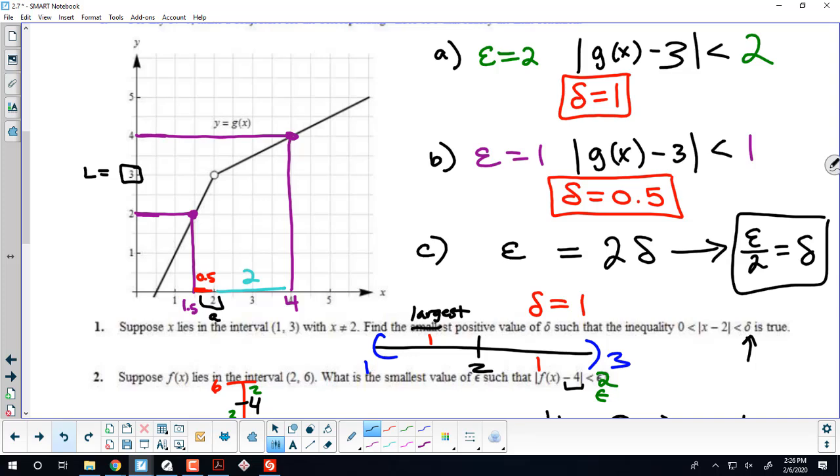You might not always have an explicit relationship like this between the two. We have this relationship here because we have linear components, but with exponential functions, logarithms, polynomials, you don't always have that direct relationship, right? Because the function doesn't always change by the same amount. Okay, any questions on part C?